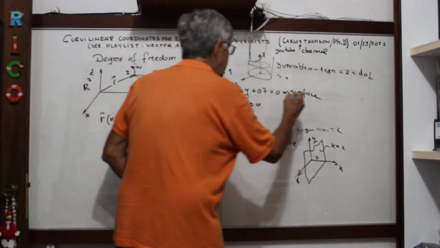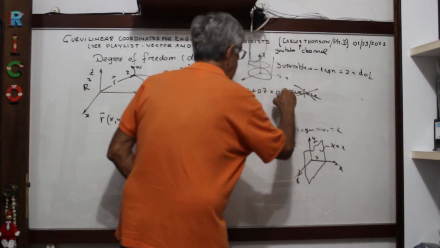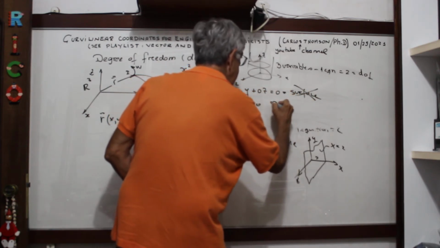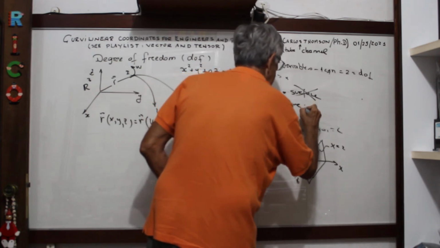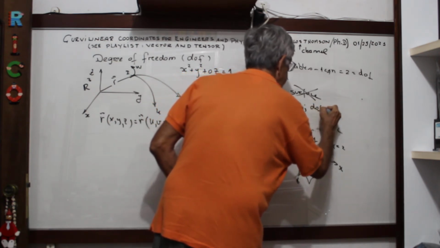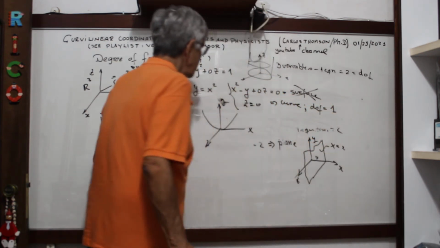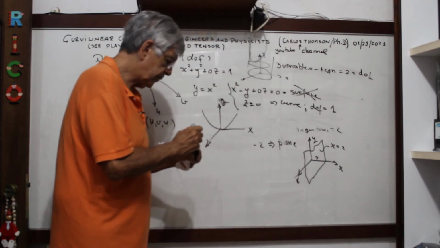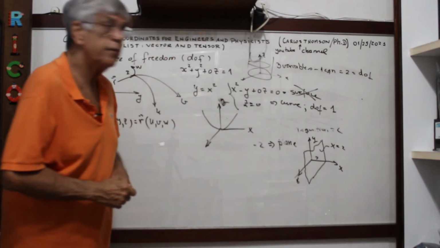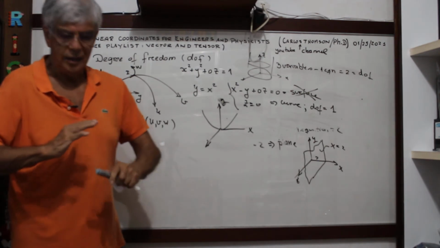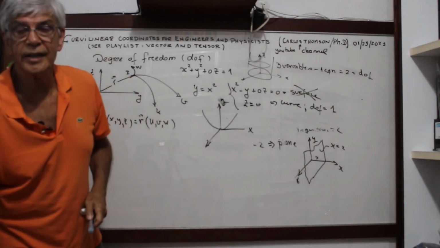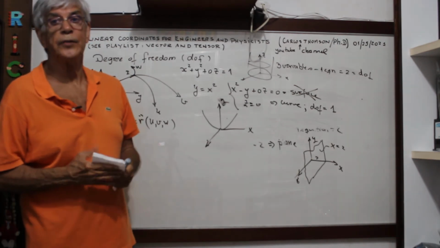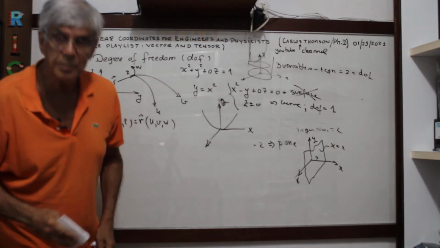So in this case, I'll write here, I have a curve. Degree of freedom is equal 1 because I have 2 equations and 3 variables. You see, it's becoming clear for you to understand how degree of freedom is very, very important.